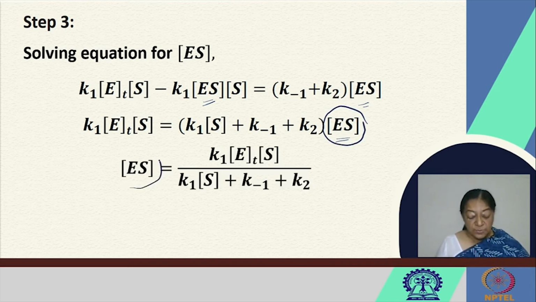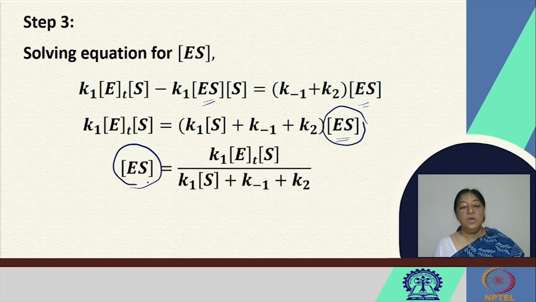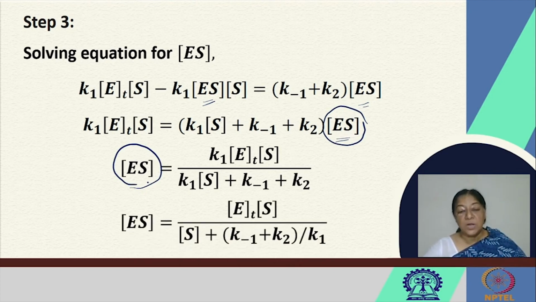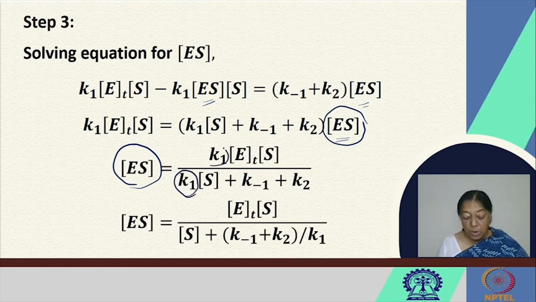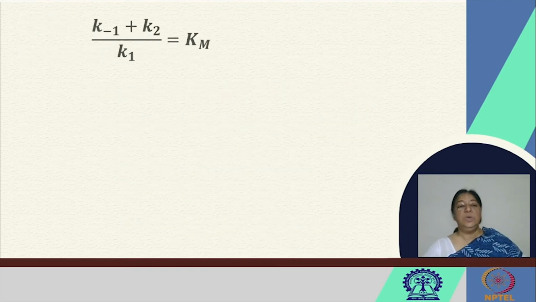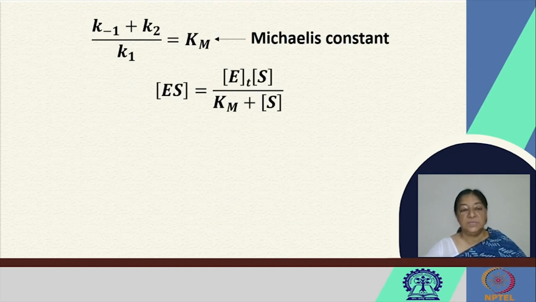And what we have is an expression for the enzyme substrate concentration. From this, with a bit of algebra, dividing by k1 throughout this equation gives us this specific constant. This we work out to be the Michaelis-Menten constant.